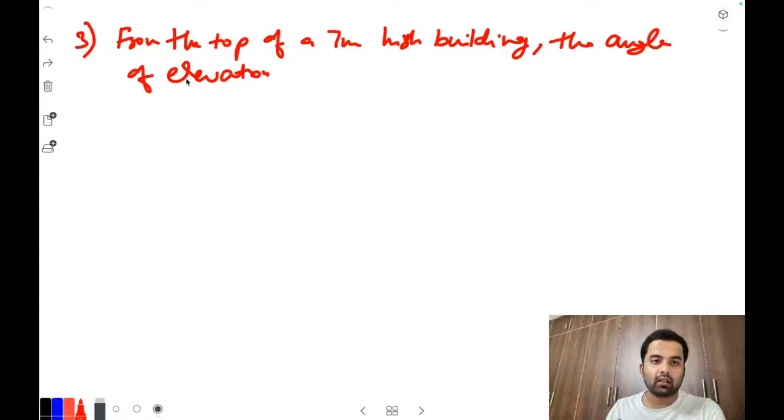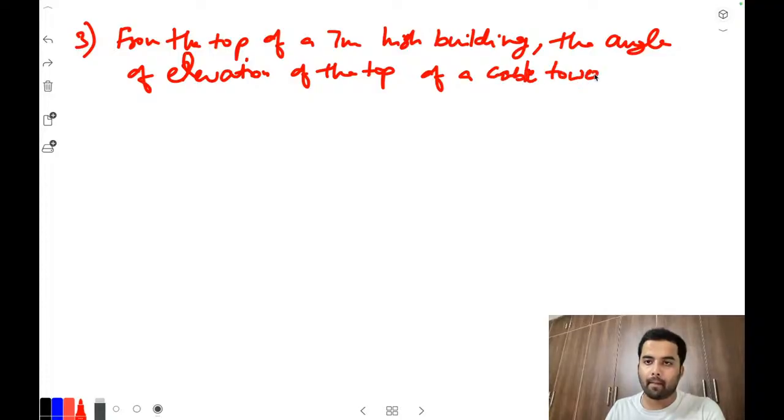Angle of elevation of the top of a cable tower is 60 degree.